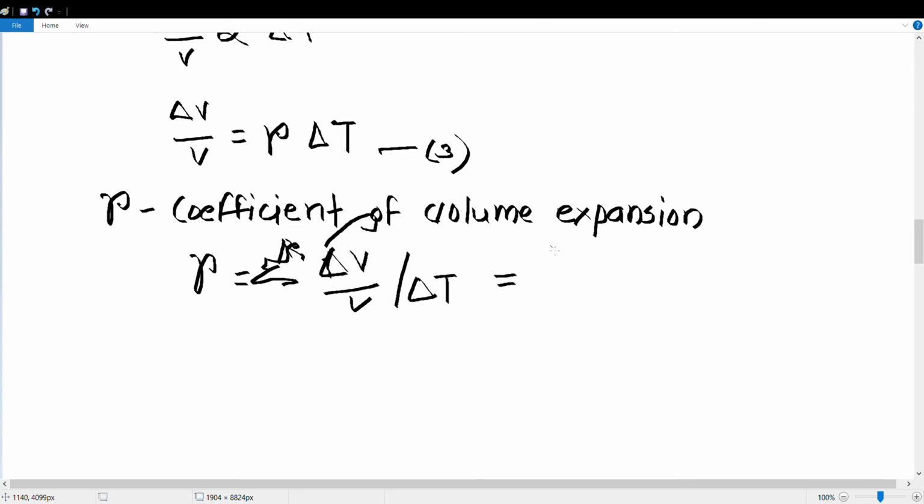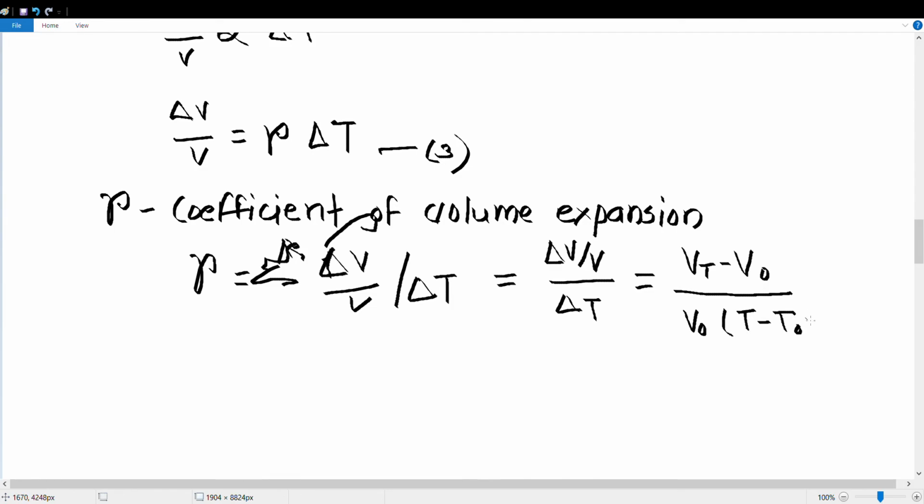Let's rewrite it again: del V divided by V divided by del T. Do you get it? What is this del V? Del V is the change in volume. Suppose Vt is the volume at T degree Celsius and the initial value is V0. Then gamma is Vt minus V0 divided by V0 times T minus T0, where T is the final temperature and T0 is the initial temperature.